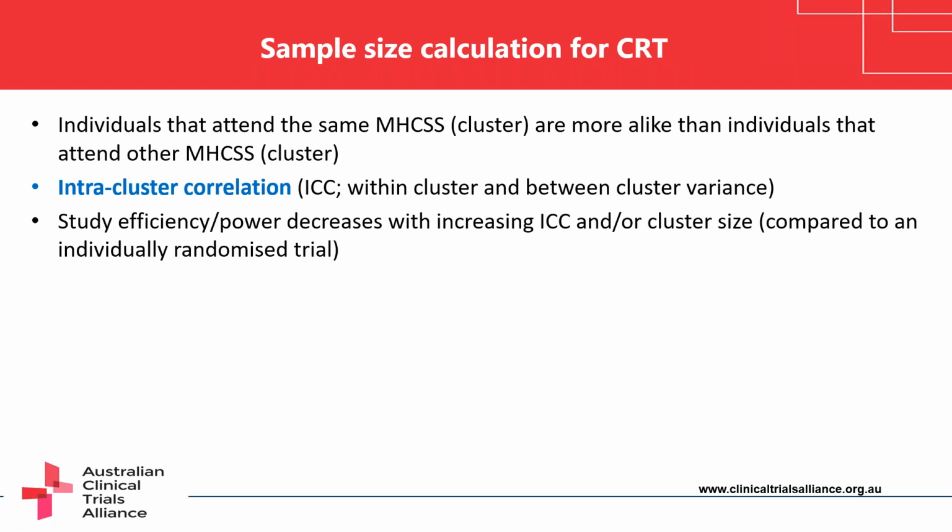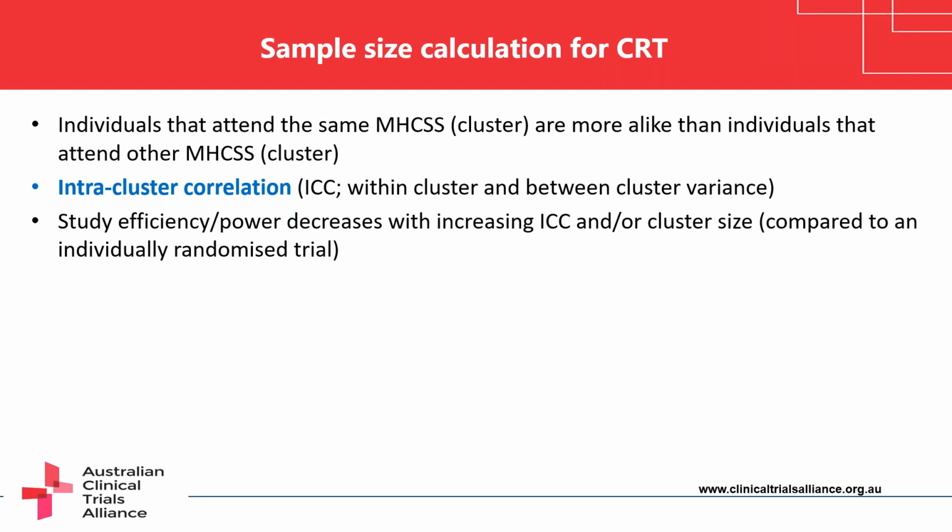I'm just going to take a step back and present again the sample size calculations for a cluster randomized trial as compared to an individual randomized trial, and Andrew covered a lot of those aspects. One of the characteristics of a cluster randomized trial is that the individuals that attend the same health service will be more alike on their outcomes. This means that we'll have some within-cluster and between-cluster variance.